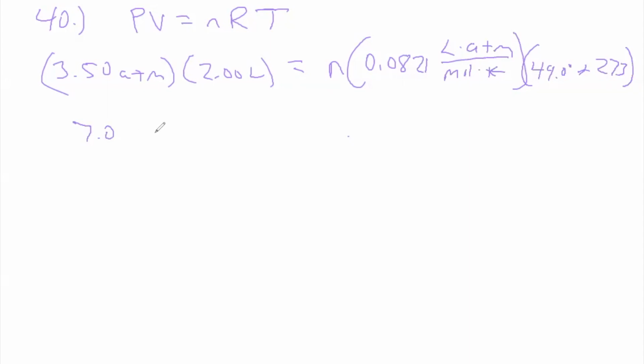So 3.50 times 2, we get 7. And then on the right-hand side, 0.0821 times 49 plus 273. That gives us 26.43.